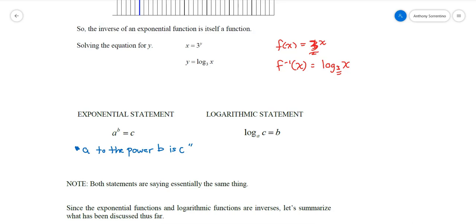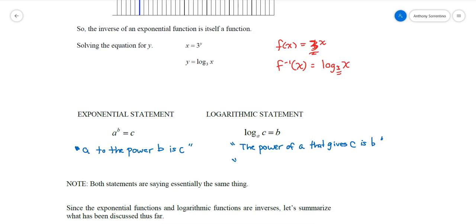Whereas the logarithmic statement, if I want to translate it into English, I would say the power of a that gives c is b.